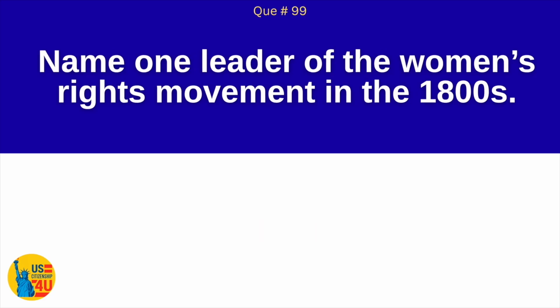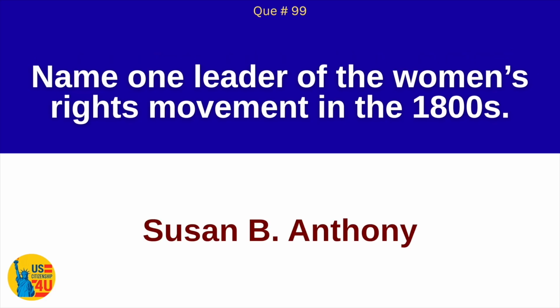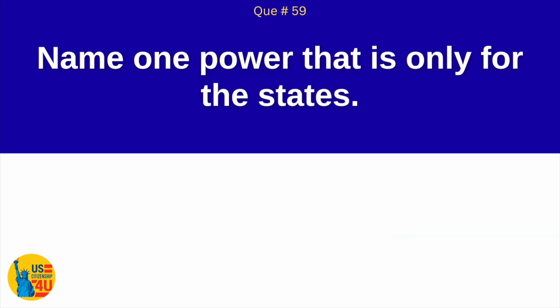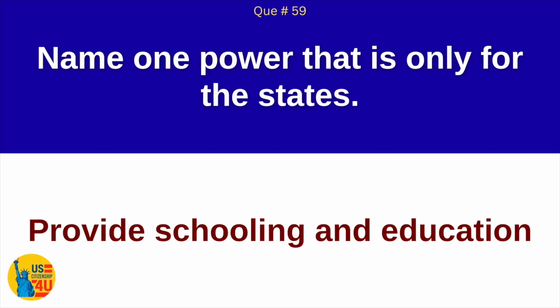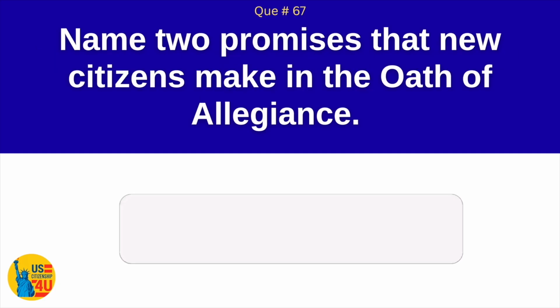Name one leader of the women's rights movement in the 1800s. Susan B. Anthony. Name one power that is only for the states. Provide schooling and education. Name two promises that new citizens make in the oath of allegiance.